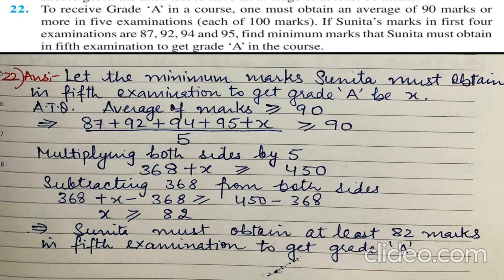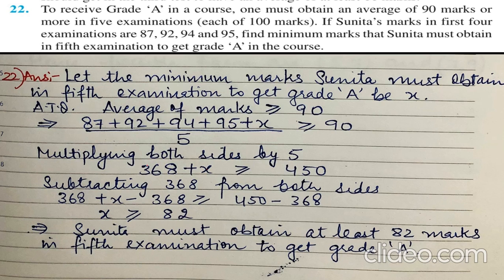Now according to question, average of marks should be greater than or equal to 90, that is at least 90. So adding all the marks, that is 87 plus 92 plus 94 plus 95 plus X, dividing by 5 should be greater than or equal to 90. So we solve this inequality. First of all, we add all these 4, so we get 368 plus X. Now we multiply both sides by 5.